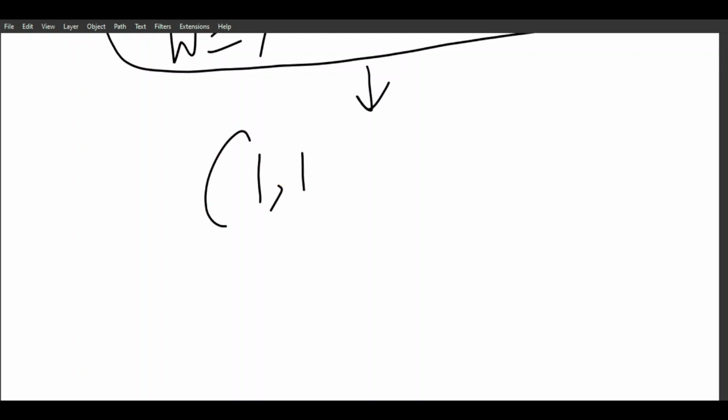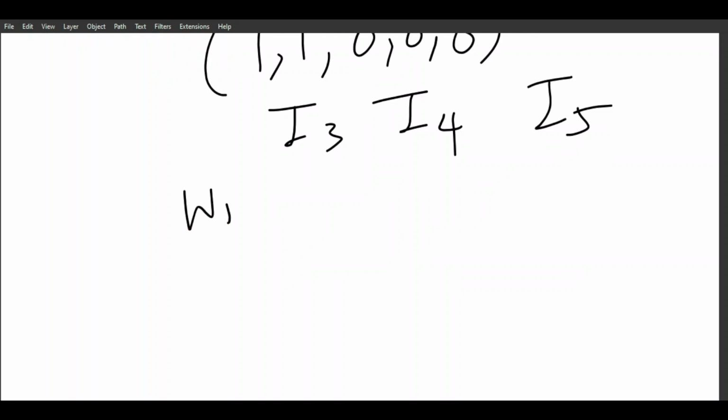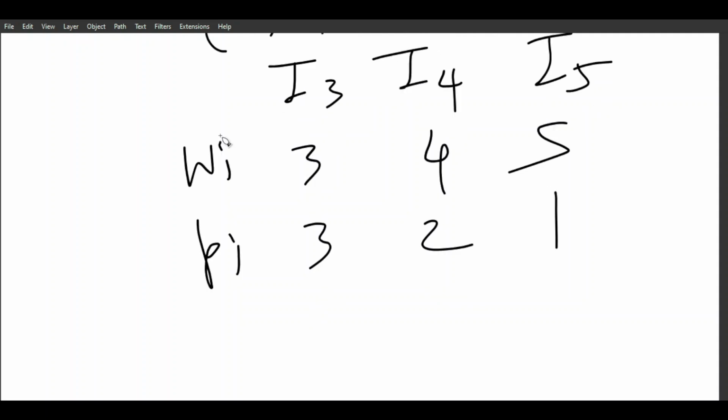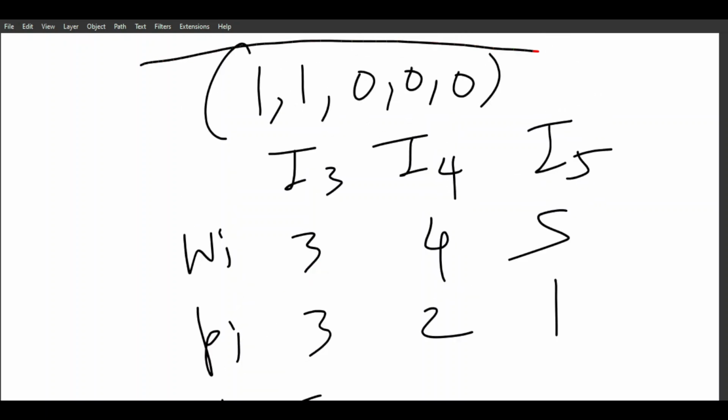First two items we have taken: 1, 1, 0, 0, 0, and the remaining subproblem is items 3, 4, 5 with weights 3, 4, 5 and profits 3, 2, 1, and remaining knapsack capacity is 7 minus 2 is 5. So now this is the smaller subproblem and this is the partial solution.